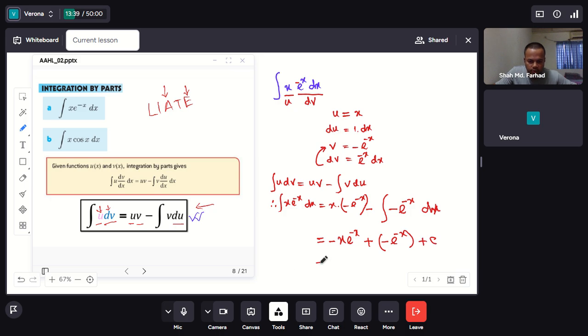We have to put plus c. If we simplify this term, we get negative e to the power negative x times (x plus 1) plus c.